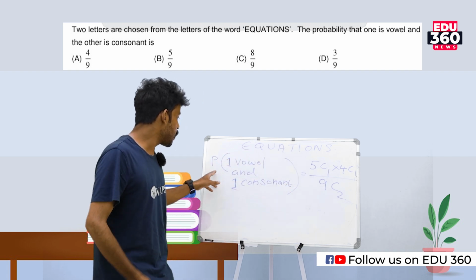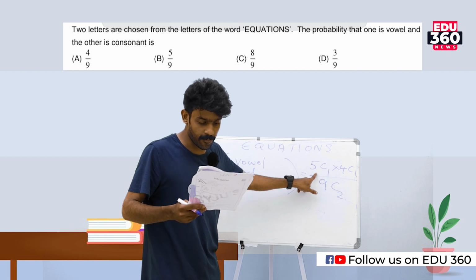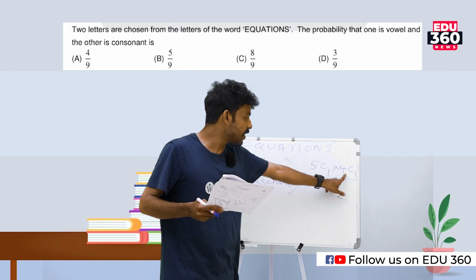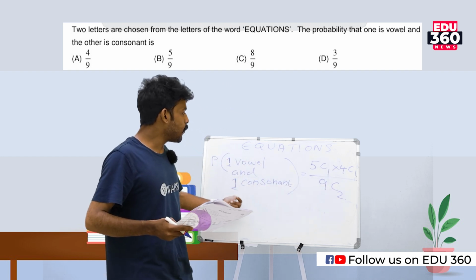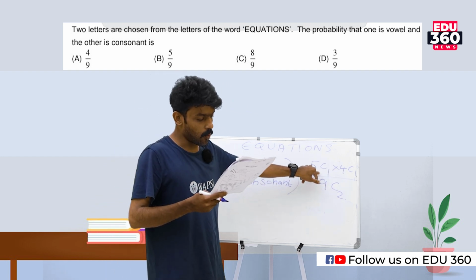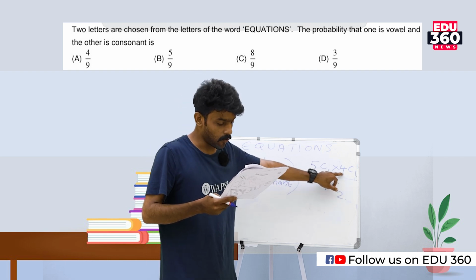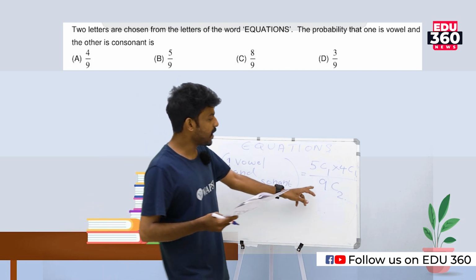Here this 5 stands for the vowels and this 4 stands for the consonants. It's already mentioned one vowel and one consonant. There are 5 vowels, so only one is going to be taken: 5C1. And there are 4 consonants, only one is going to be taken: 4C1, divided by 9C2.